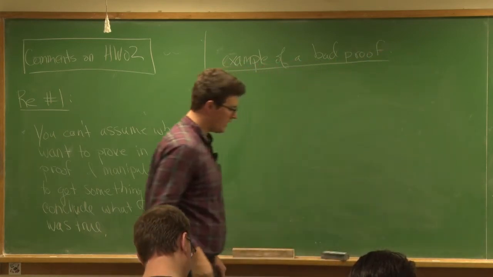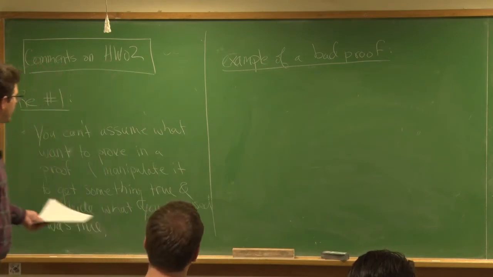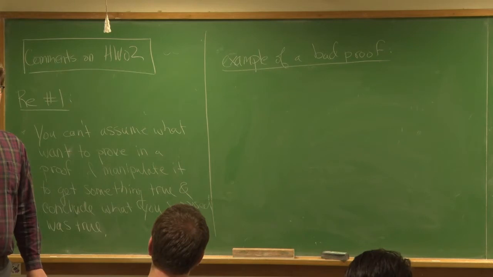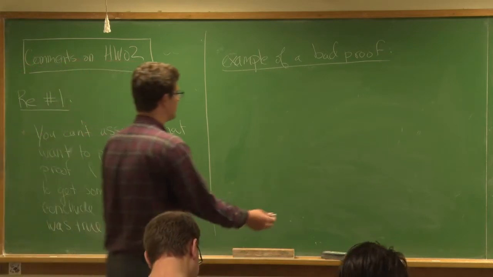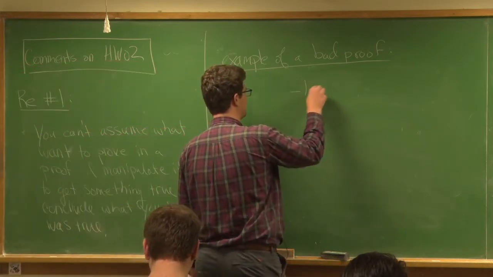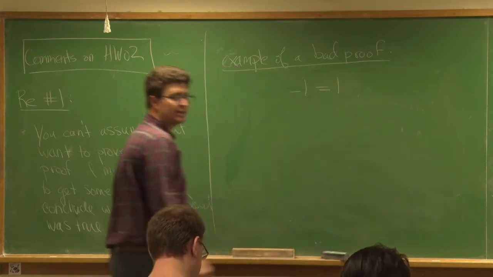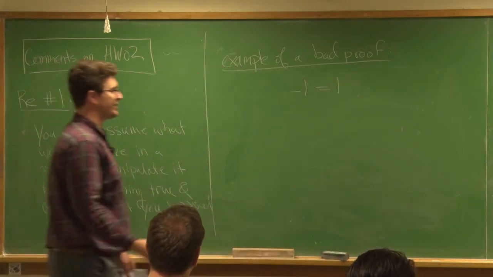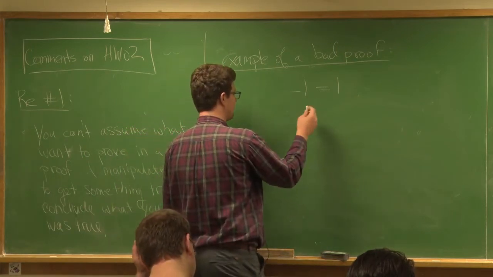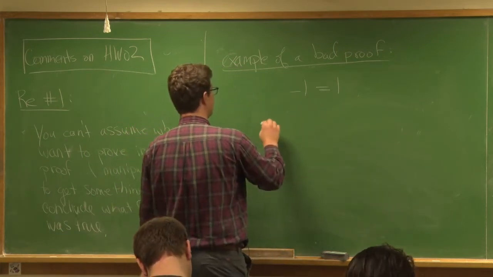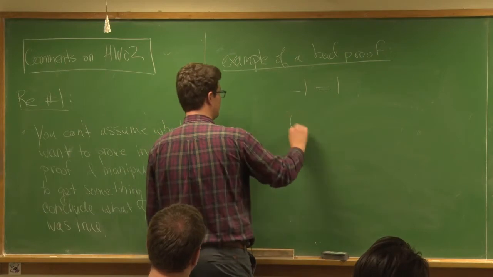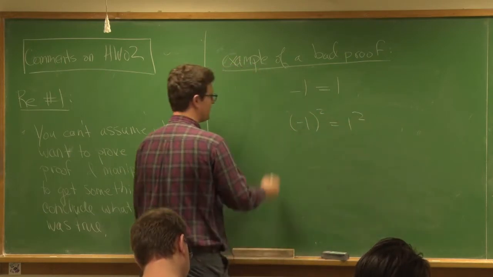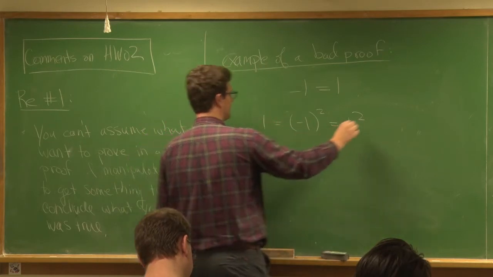Let's look at this technique where we take something and manipulate it line by line. Let's suppose that -1 is equal to 1. This is what some people do: they take something, and then, let's square both sides. So -1 squared is equal to 1 squared, right? This is 1, this is 1.